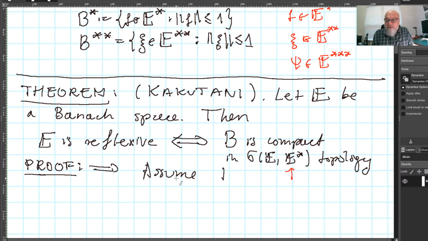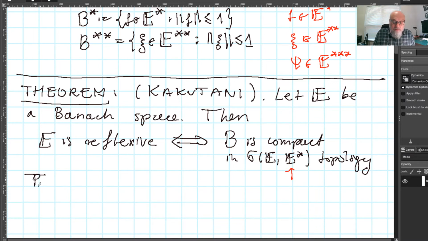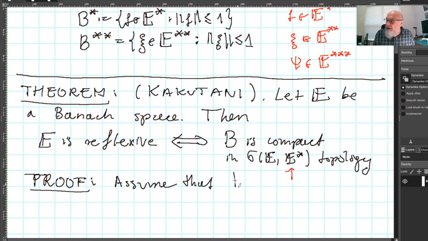Proof. Assume that E is reflexive. E is reflexive. Very good.